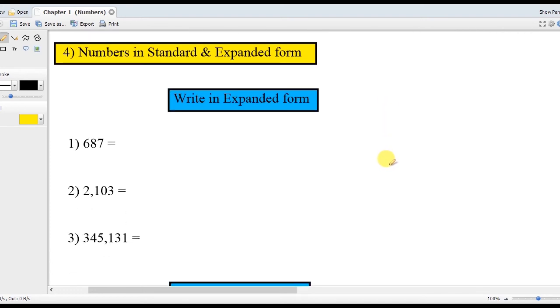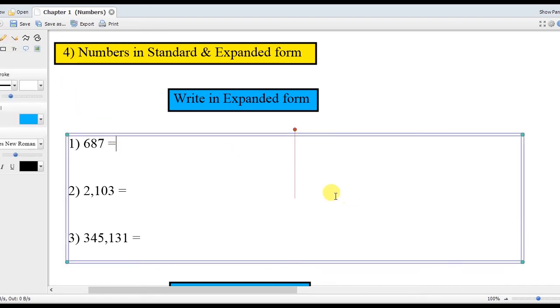The next topic is numbers in standard and expanded form. Now we are going to write numbers in expanded form first. So here we have a number, let me directly type it: 687. Expanded form means we just need to split the number, expand it, right?